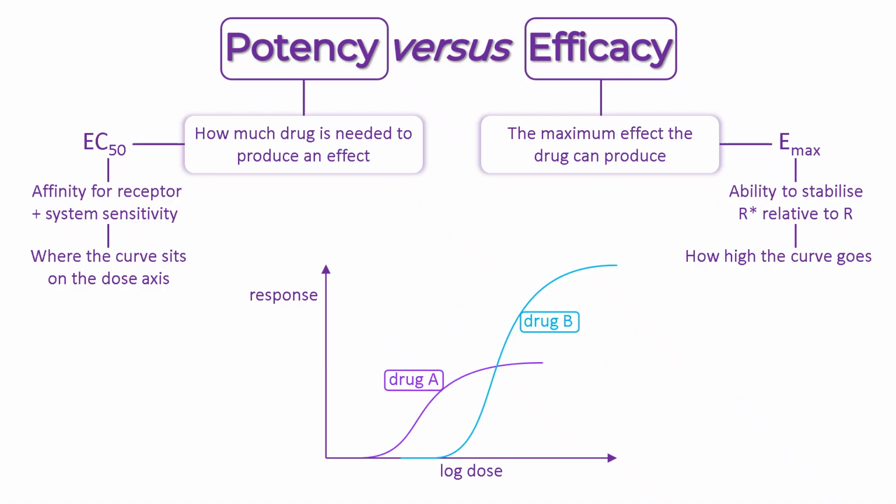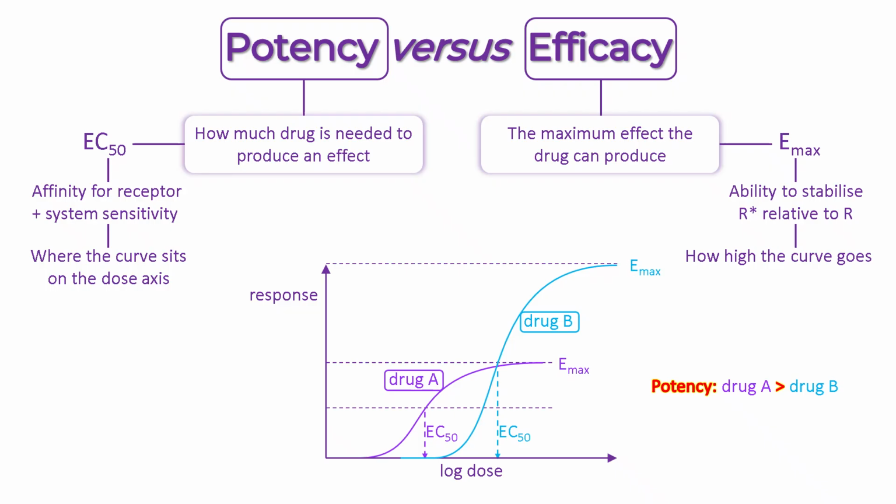Now look at this example. Drug A has the same EC₅₀ as before, so it remains more potent than drug B. But drug A now has a lower maximum response and therefore lower efficacy than drug B. This demonstrates that a more potent drug reaches a given effect at a lower concentration, but that does not mean it produces a greater maximum effect.